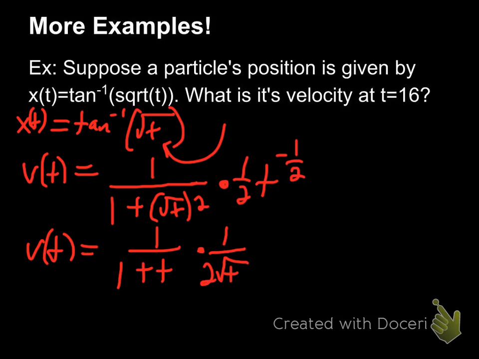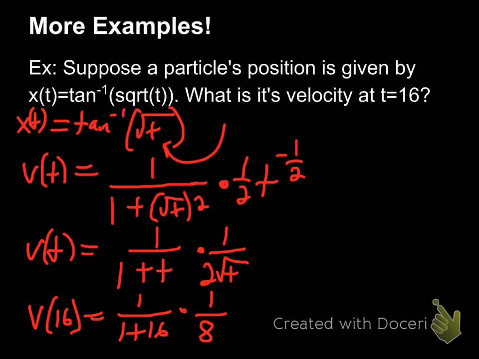At t equals 16, I want the velocity at t equals 16, so I just want v of 16. And v of 16, I think, is just 1 over 1 plus 16 times 1 over 8.